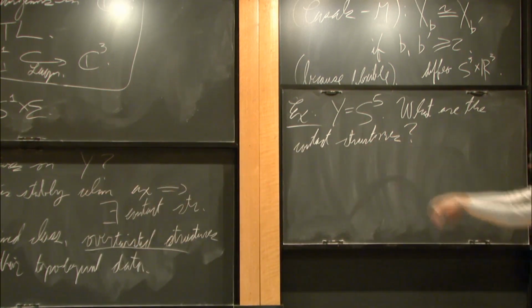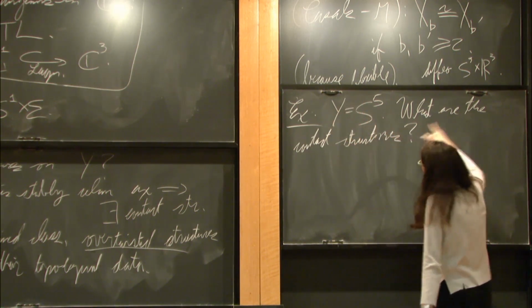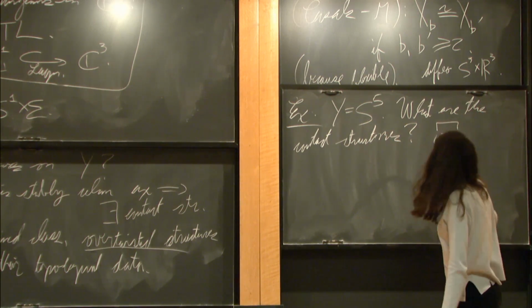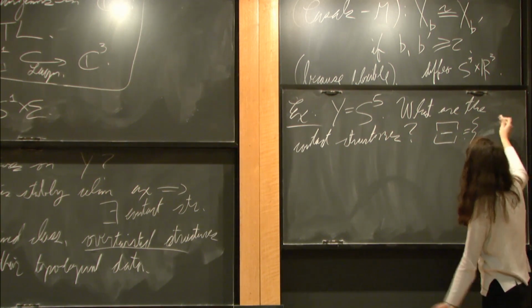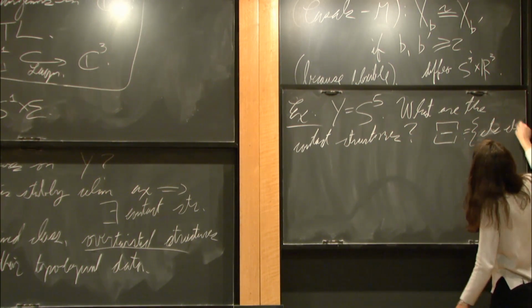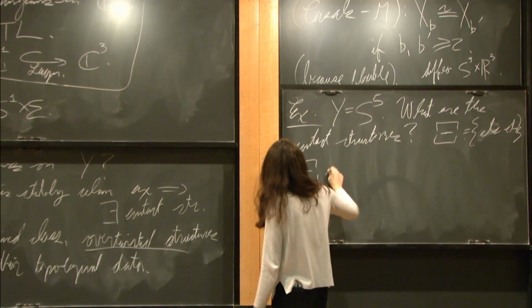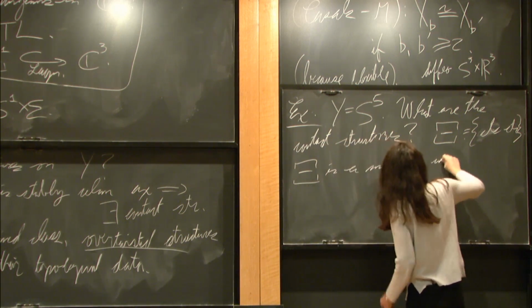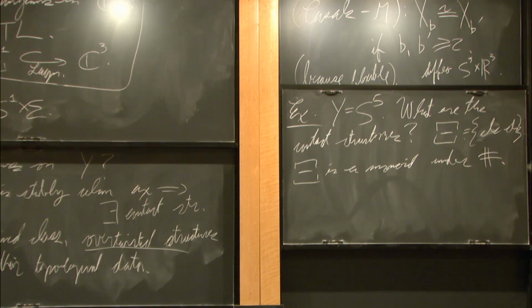So all of this business disappears. If we define this class by capital Xi, the contact structures, then this Xi is a monoid under connect sum.